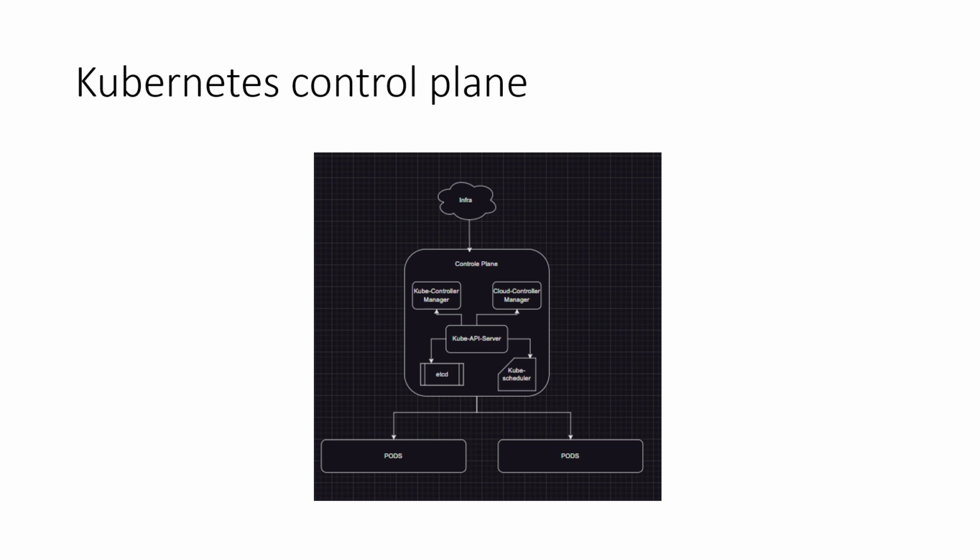The Kube scheduler considers available resources and determines where in the cluster to place the new pod, as I told you before as an example. The Kube controller manager runs several controller processes that are compiled into a single binary. These include the node controller that detects and responds to node failures, the replication controller that maintains the correct number of pods for every replicated controller object in the system.